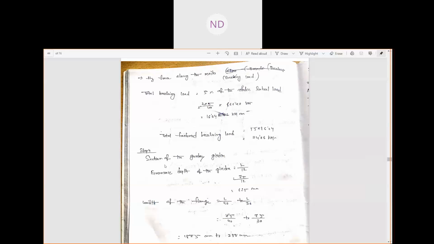Yes, we have done this, the selection of the section of the gantry girder. What we had to do: the economic depth we had to calculate, and the width of the flange. These things we have done. I hope so. So let's start from here only.